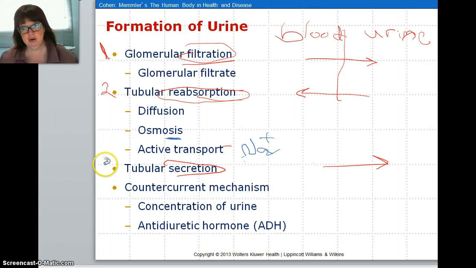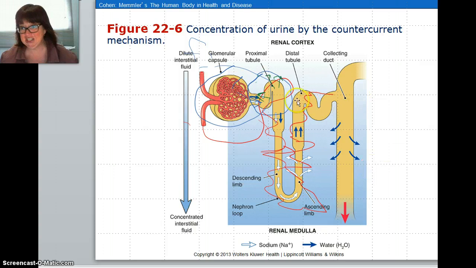The third process we need to look at is tubular secretion, and this occurs in the distal tubule. Secretion is the fine tuning of the salts, and it's also for anything extra. This is where drugs get put out too. So secretion, it was in blue. Secretion occurs right here, okay?